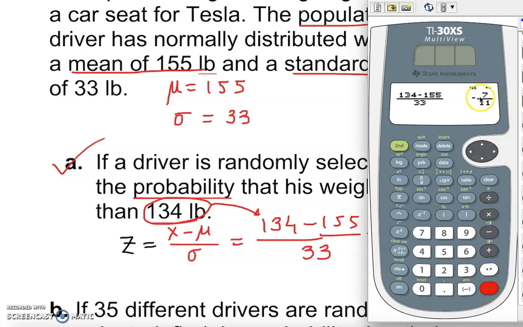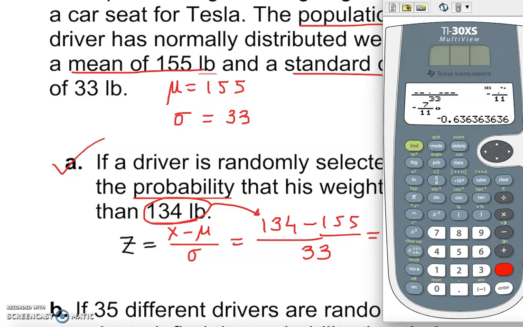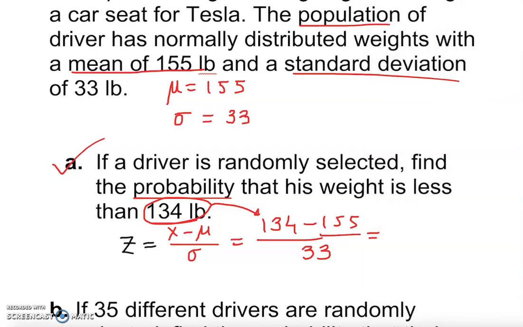And of course this is a fraction. When you use the double arrow, it gives you lots of decimals. Remember, we must round to two decimal places. So negative 0.64. All we do is go to the z table and get the area.